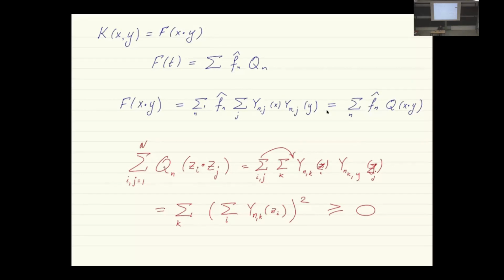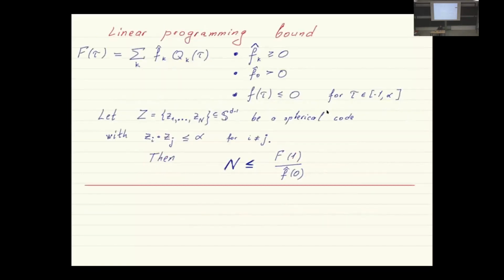Okay, so now with all of this preparation at hand, we can finally approach the linear programming bounds. I first state the version of the linear programming bound for spherical codes, for separated sets, for packings on the sphere. Assume you have a function f with the following Gegenbauer expansion.